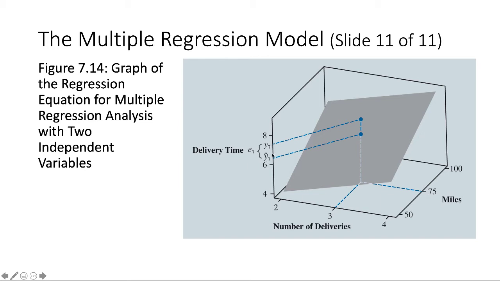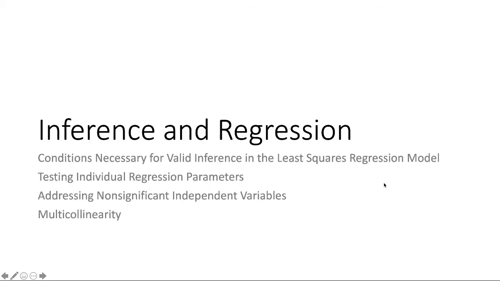And the delivery time is between 6 and 8. So this observed value lies above the regression plane, indicating that the regression model underestimated the expected driving time for the 7th driving assignment. So it predicted lower than the actual value.